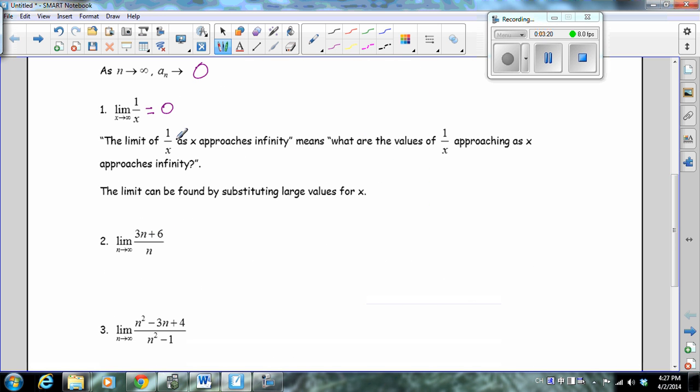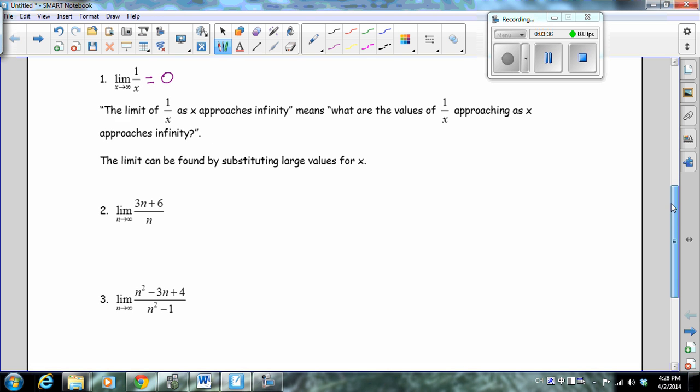Now, the limit of 1 over x as x approaches infinity asks what value 1 over x is approaching as x approaches infinity. The limit can be found by substituting large values of x. I prefer that you just use your high over low, low over high, and when they're the same.